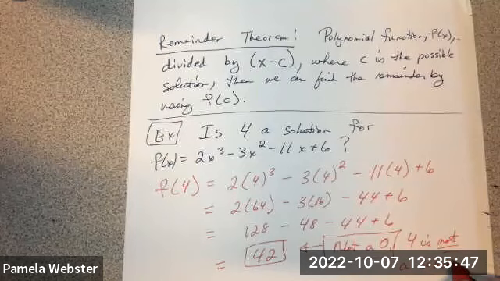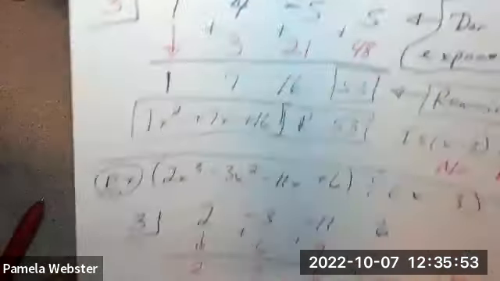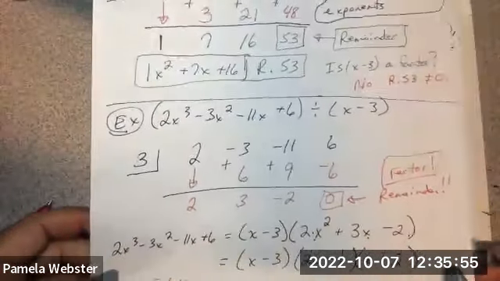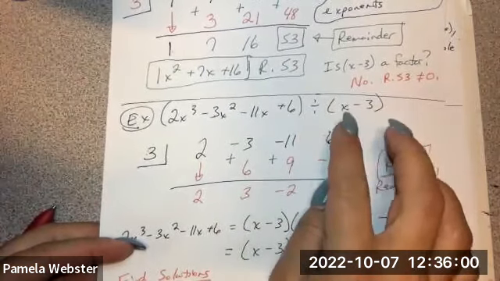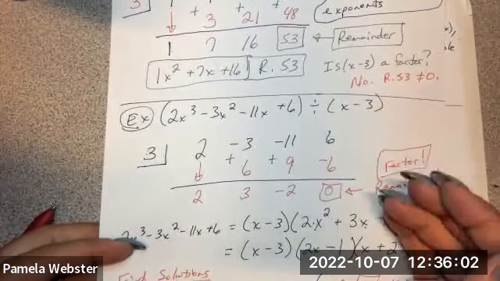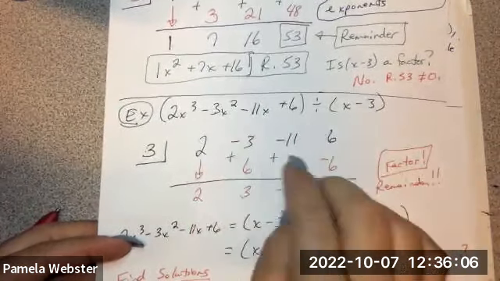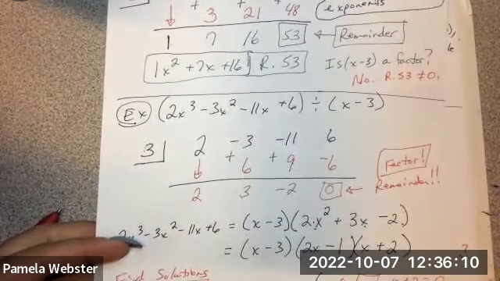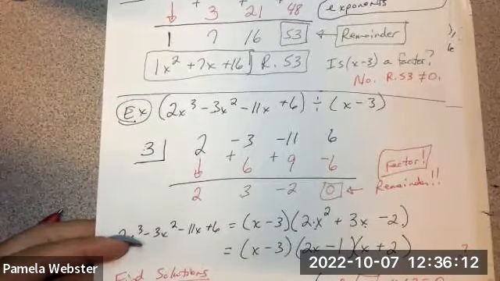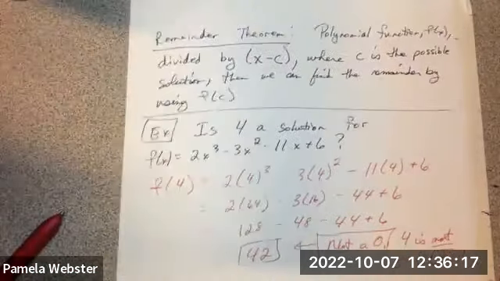Okay, so why would I care about that? Let's say we were working the problem we had before, okay, and they said, take this guy and divide by x minus 3. And maybe they're asking you, is this a factor? Can you find the solution, whatever? Well, before I go and do all the long division or the synthetic division or whatever I'm doing there, it might help me if I use my remainder theorem, right?